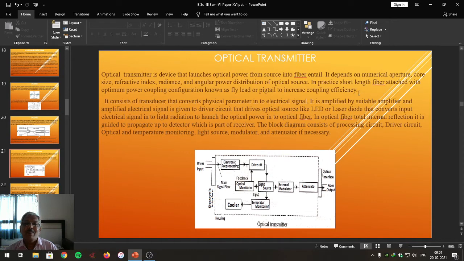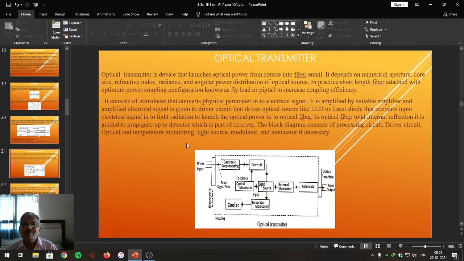Basically, the optical transmitter makes use of the transducer, driver circuit, then monitoring devices, light source, modulator, and attenuator if necessary.